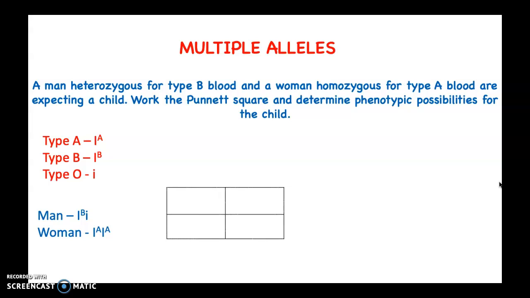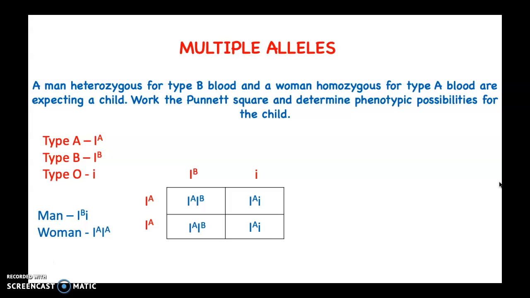We set up her Punnett square. We place the man across the top. The law of segregation separates the two alleles. We do the same for the woman on the left-hand side. Now it's simply a matter of putting these alleles together inside the boxes for the possible genotypes. You see that two of them come out with I^A I^B, and two of them come out with I^A little i.